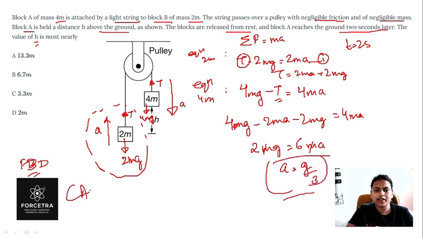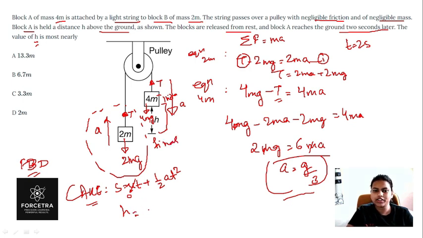From the kinematic equation, we know that s is equal to ut plus half at square. The initial velocity is 0, and if we apply this equation from the starting point to the final point, when this block reaches the ground, h is the distance traveled.